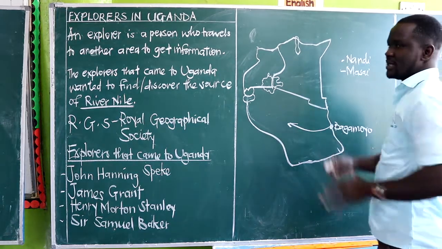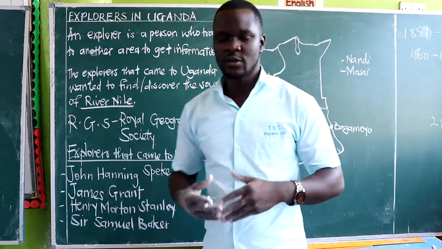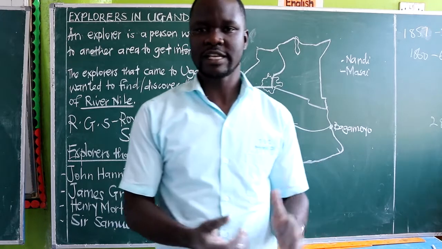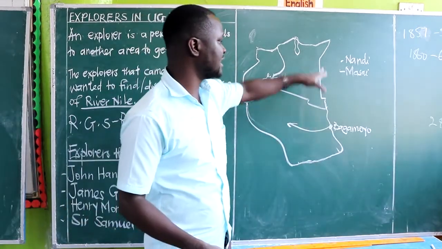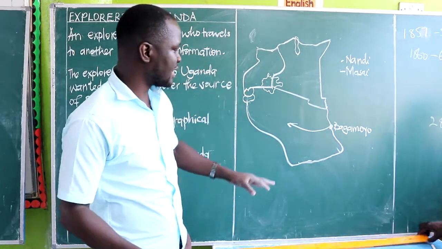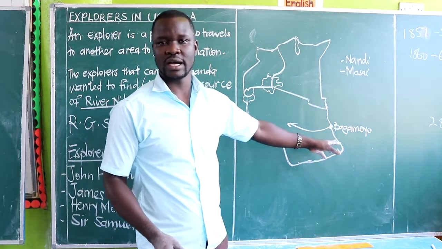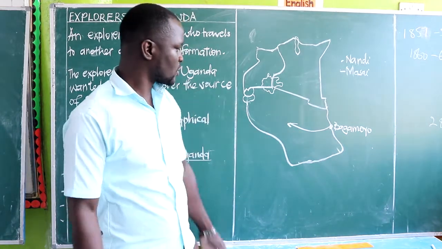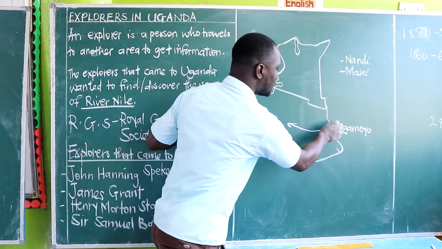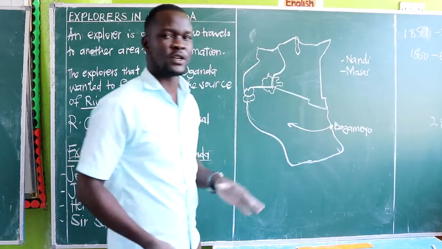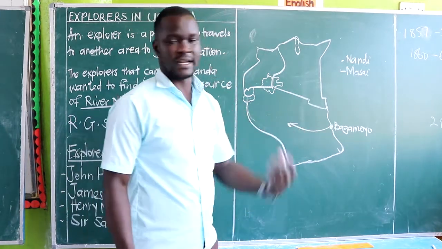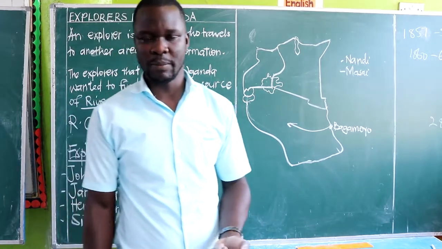Such tribes were hostile to these visitors, to these explorers. Therefore, they feared to pass there. So they decided to go for longer journeys or longer distance as long as they were safe. So we are going to say that these explorers entered through Bagamoyo. Reason being, Bagamoyo was friendly, or it was having friendly people.